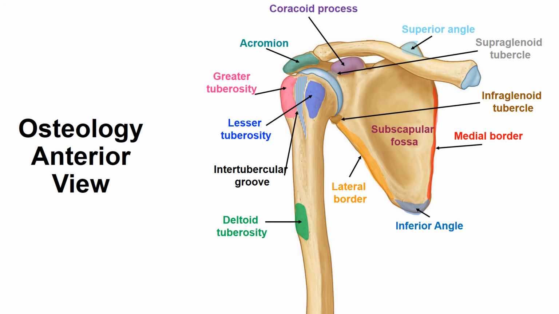So supraglenoid means it's above the glenoid fossa, and infraglenoid means it's below. Tubercle, like tuberosity, means bump, so it's a bump above and below that glenoid fossa. And then in the center, there's a big depression. It looks like someone took clay and patted their hand down on it, and that is called the subscapular fossa, excuse me.